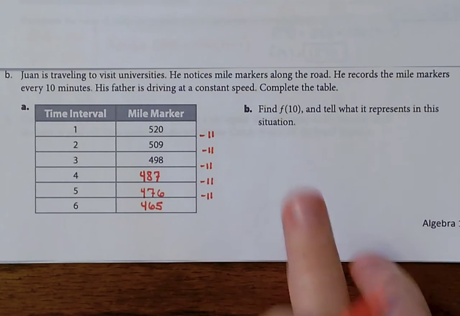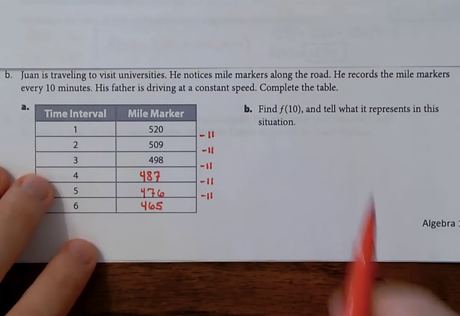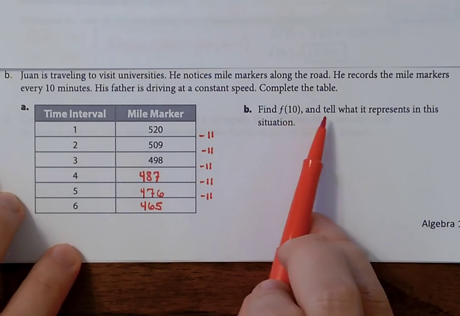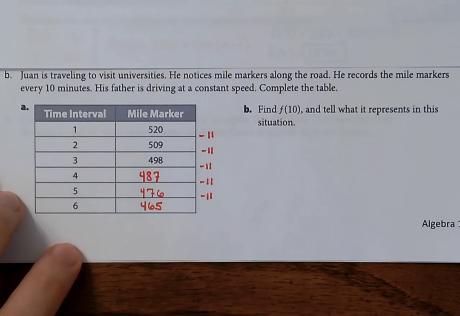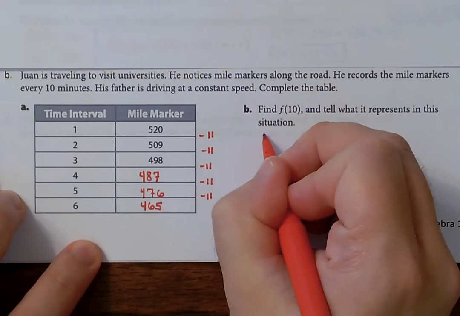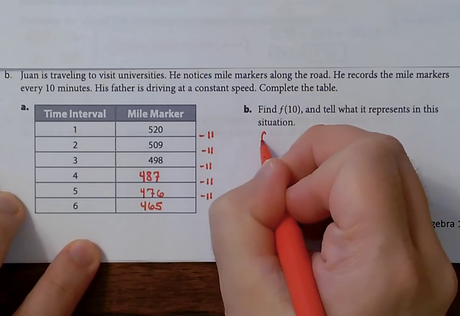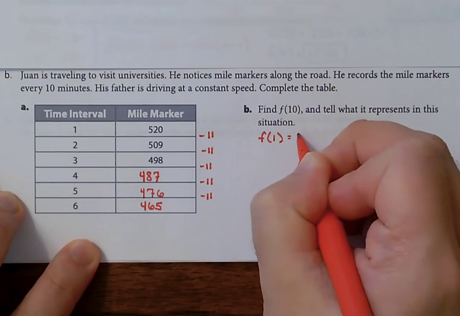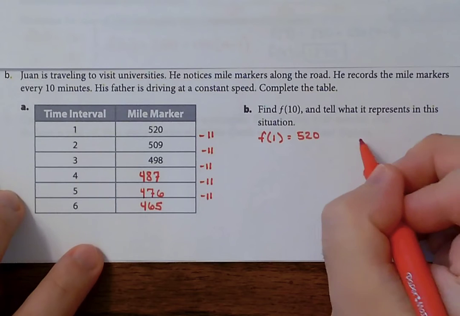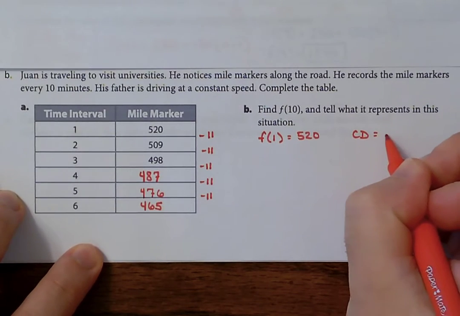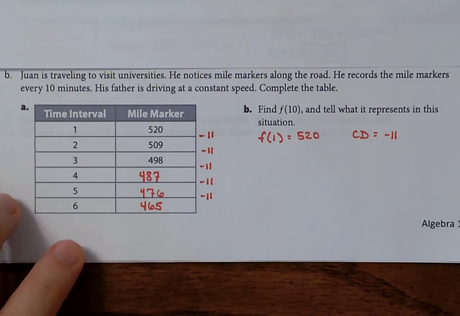Now for part B, it wants us to find f of 10 and then tell what it represents in this situation. So if we're going through and writing our explicit rule, our first term is 520, and we discovered our common difference is negative 11.